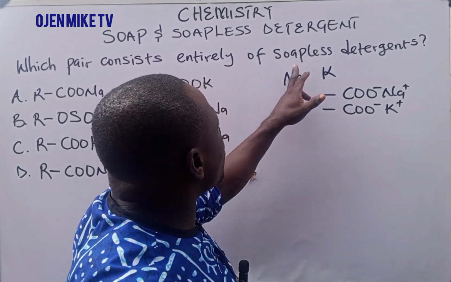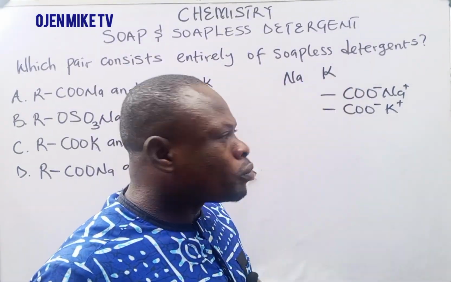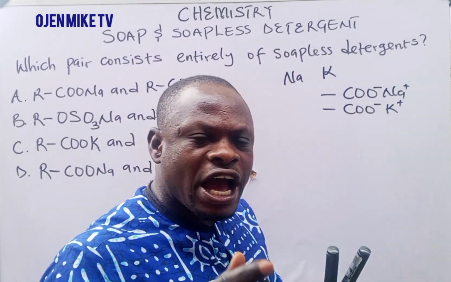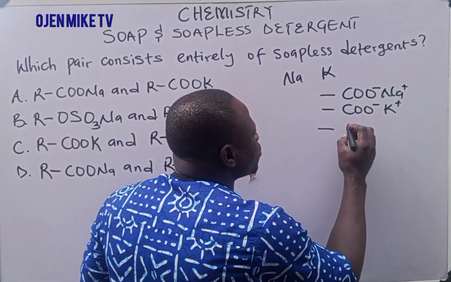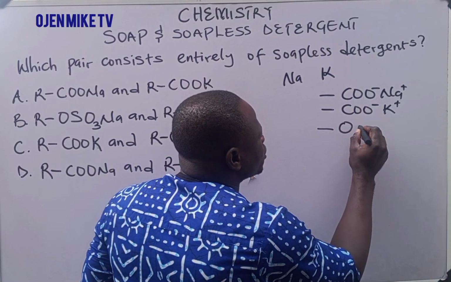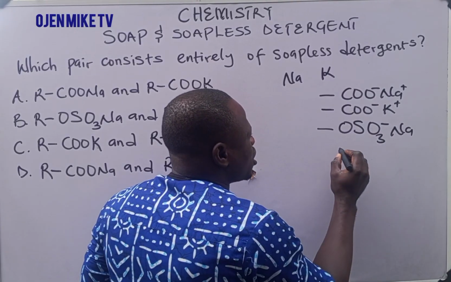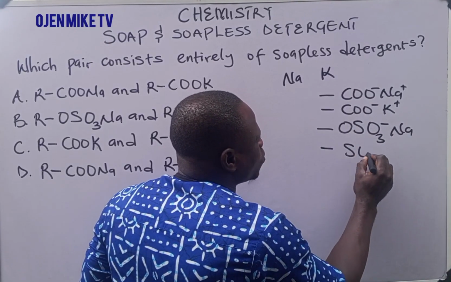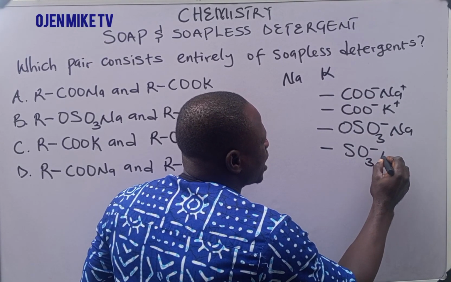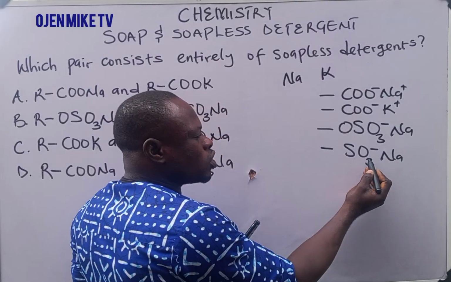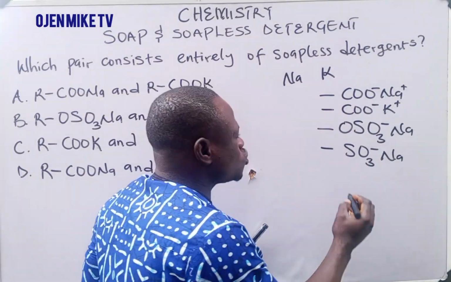A process known as saponification, when fatty acid combines with alkali. In the case of soapless detergent, it is a long chain hydrocarbon. In this case now, it will combine with either SO3 minus and Na, or SO3 minus and K. This one is called sulfonate.